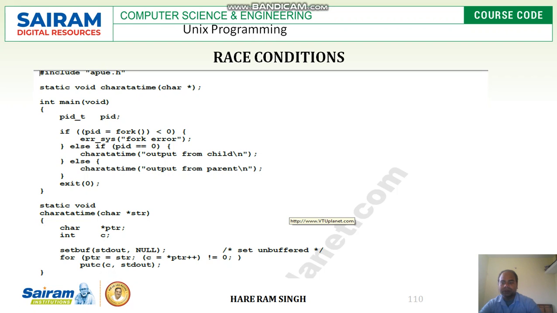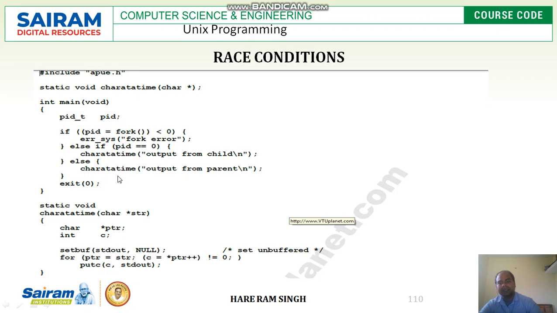Now you can see that both can run in parallel. Both conditions are true, because fork returns two values: pid equal to 0 in the child and pid greater than 0 in the parent. This part will be executed by the child process, and this part by the parent process.